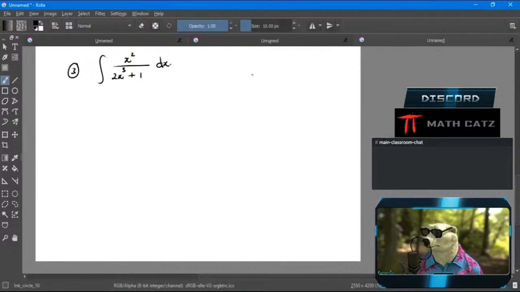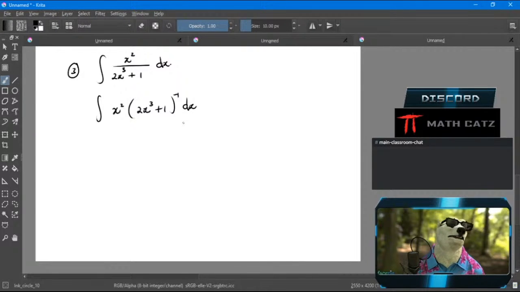Oh, beautiful. Okay. So now, in this one, I might not, in the early stages, recognize the function of a function as quickly. Certainly, if I wrote this as x squared times 2x cubed plus 1 to the negative 1, then you would perhaps recognize what to do more easily.